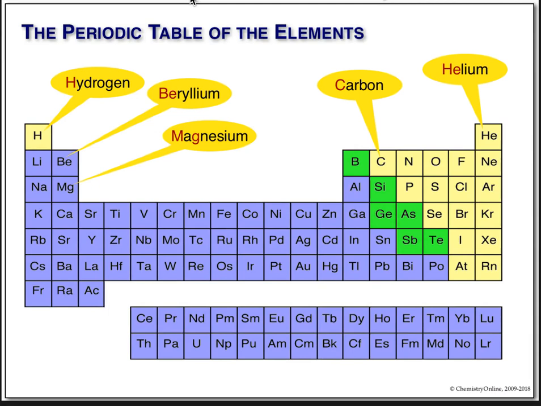For the elements, many of them are obvious. H for hydrogen, Be for beryllium, Mg magnesium, C for carbon, He for helium. These are the halogens, a very important group. F for fluorine, Cl for chlorine, Br bromine, I for iodine.